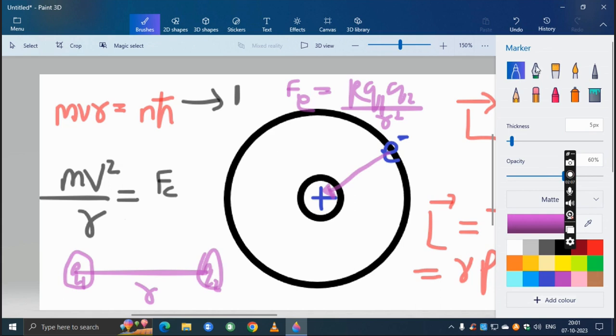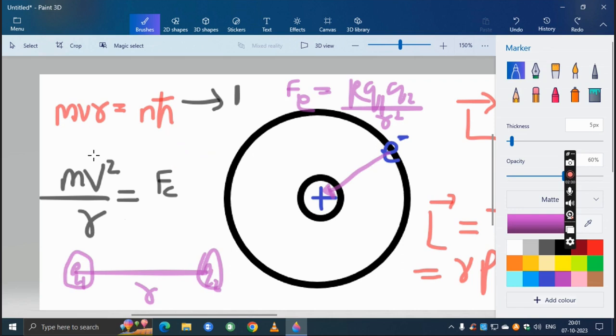Why aren't we considering the gravitational force? That is because the electrostatic force is 10 to the power of 42 times the gravitational force, so the gravitational force is negligible in this case.